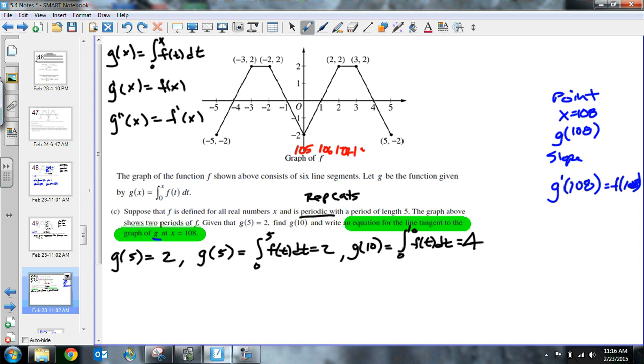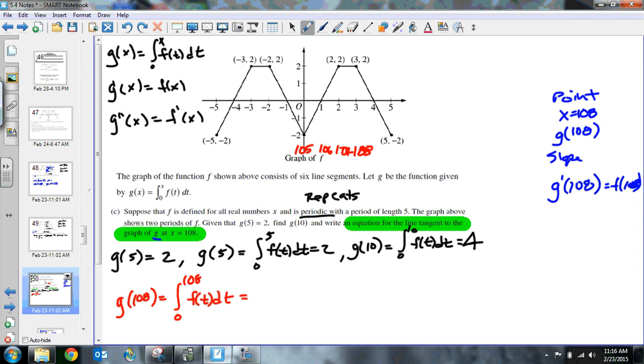I'm going to call this 108. So if I were to extend this graph out and think of x values that are really big, like 105, 106, 107, 108, it's still going to have this same shape. So what I want to think about is I want to find g of 108.